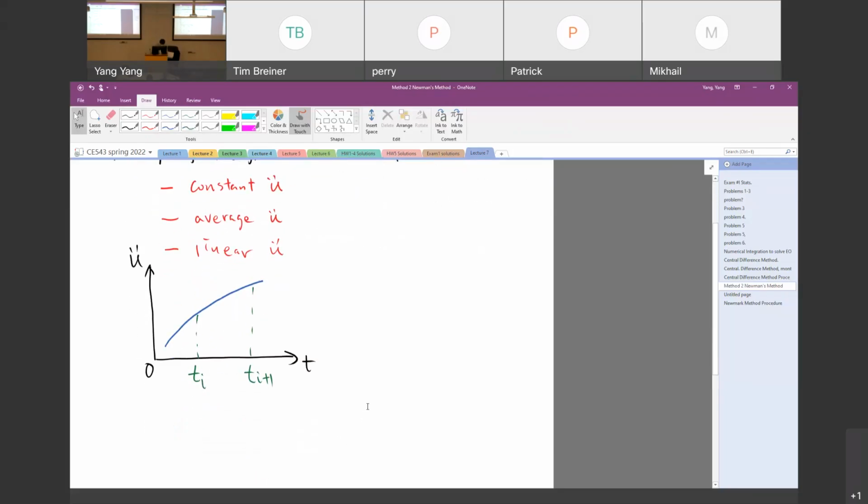In numerical integration, you typically need to select a time step, so we have the time step here, delta t.